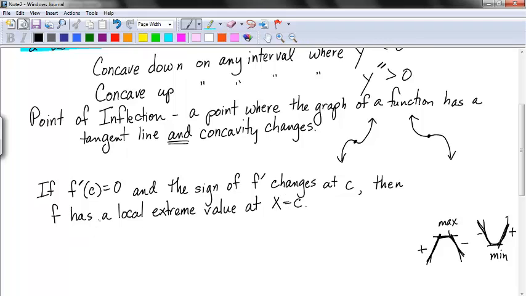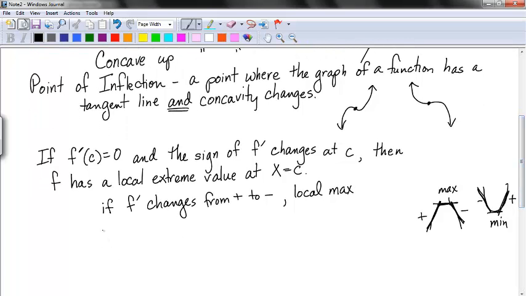Okay? And if f prime changes from a positive to a negative, that'd be like our first picture, then you've got a local max. And I know the book called it a relative max too. It's not an absolute, it would be a local.